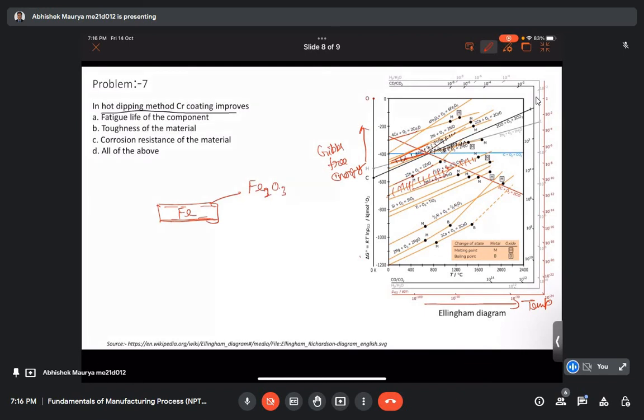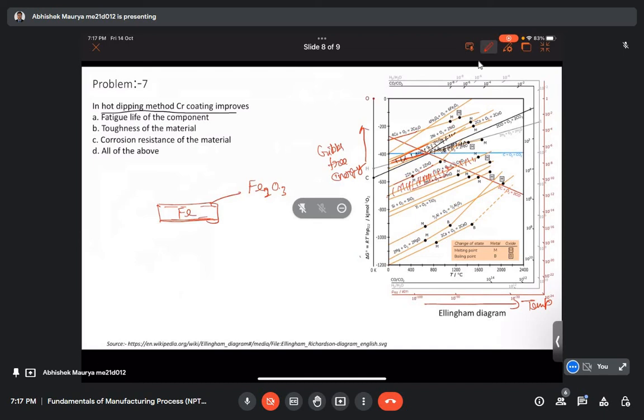Those kinds of oxides form, and this is called corrosion. Now we know the Gibbs free energy for corrosion of chromium is more negative. It means chromium will get oxidized faster than the ferrous material.